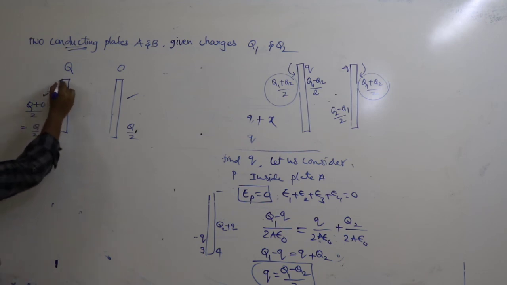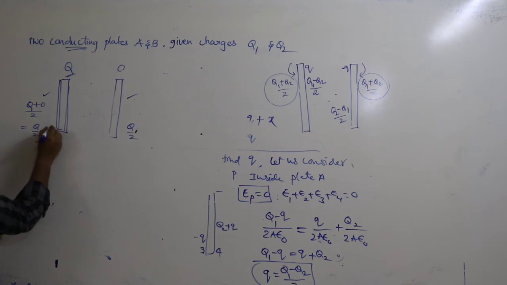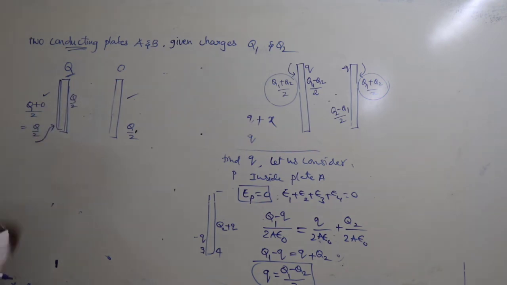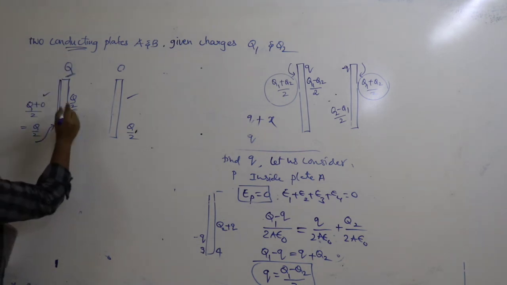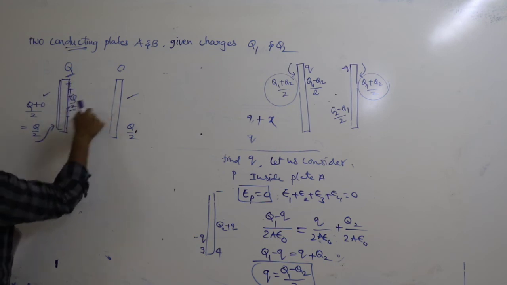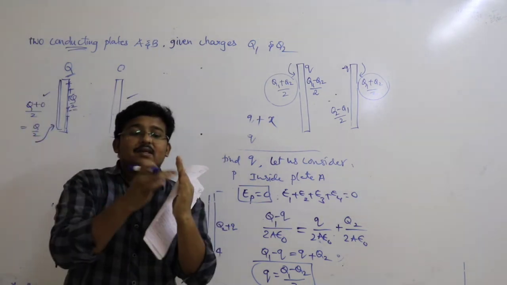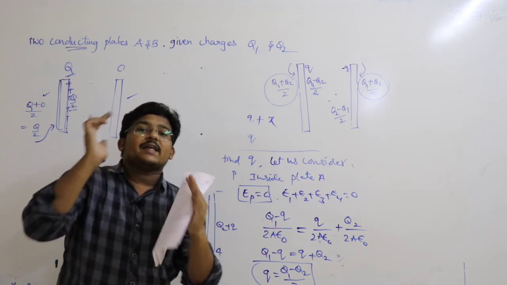Now the total is q, and this side is q by 2, so automatically this side will be q by 2, because q by 2 plus q by 2 becomes q. Now you know that due to induction, if this is plus q by 2, then the surfaces facing each other must have opposite and equal charges.